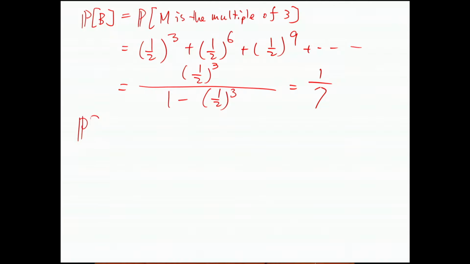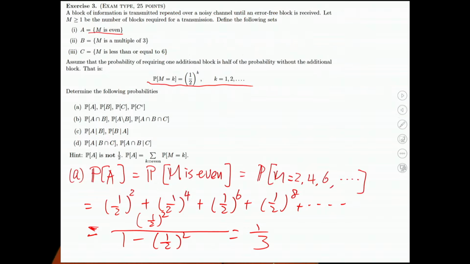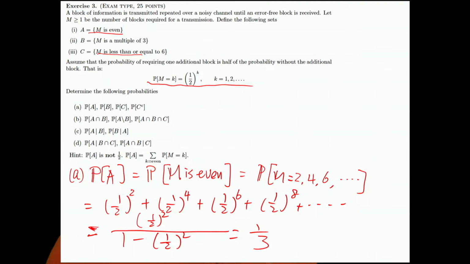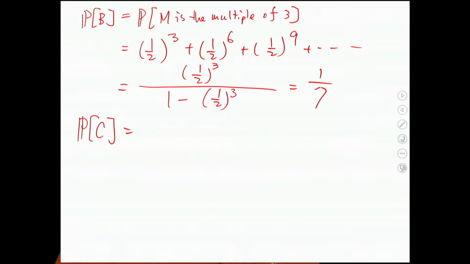Part C. Let's see the probability of C. The probability of C is that M is less than or equal to 6. That means K is 1, 2, 3, 4, 5, 6.